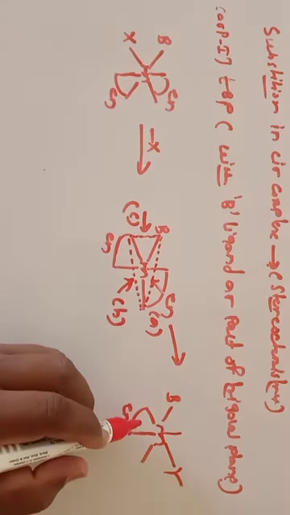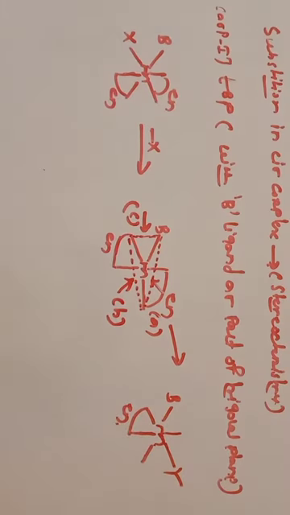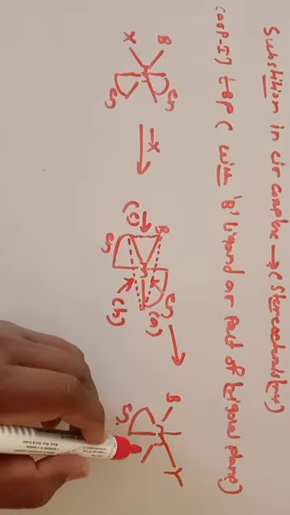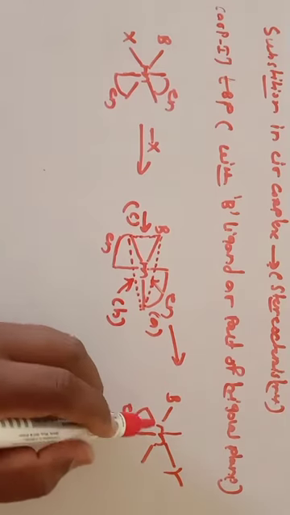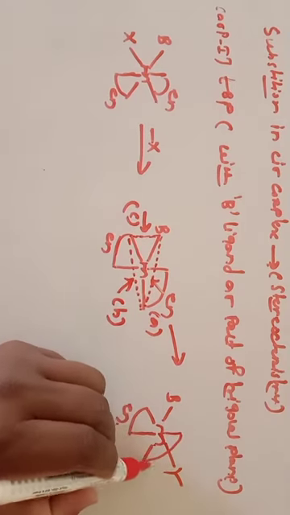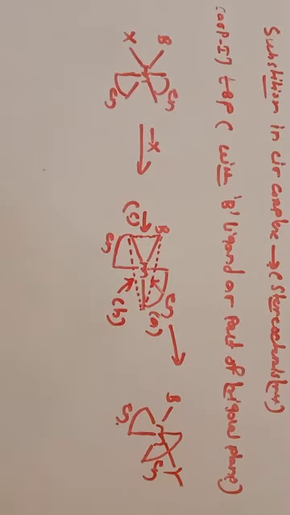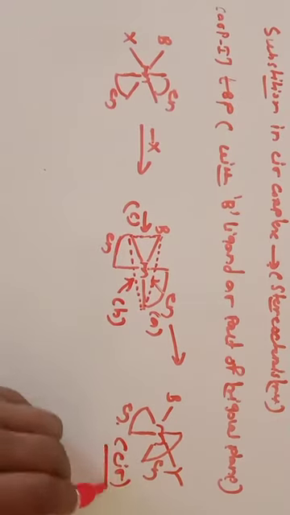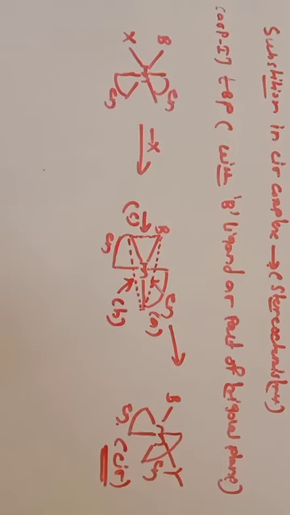When it attacks from the A side, this is your B, this is your Y, and these are your en. In this case, B and Y are cis to each other, and therefore we get the cis isomer when it is attacked from the front side, the A side.